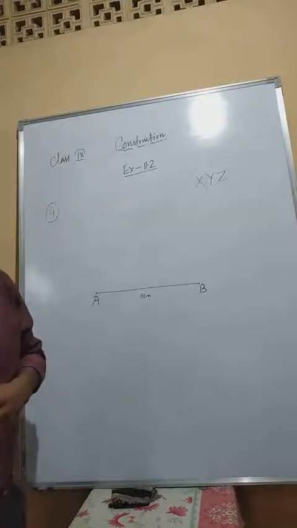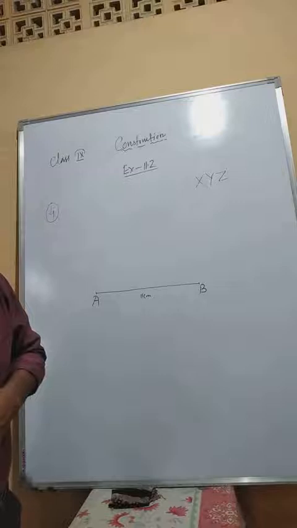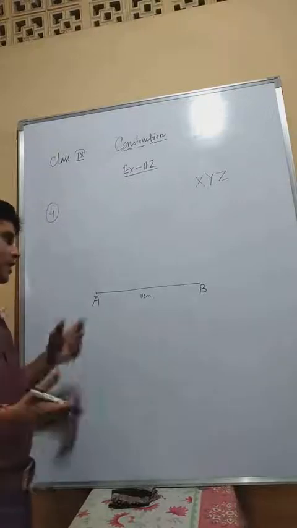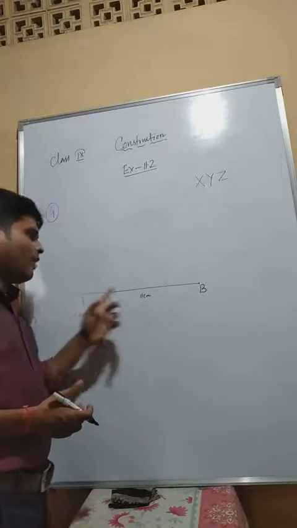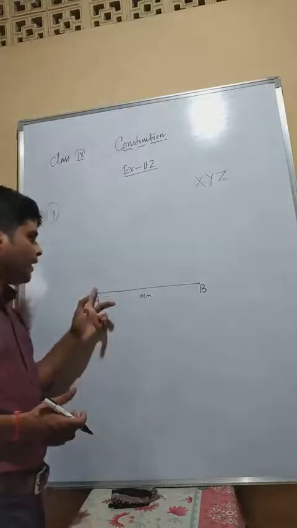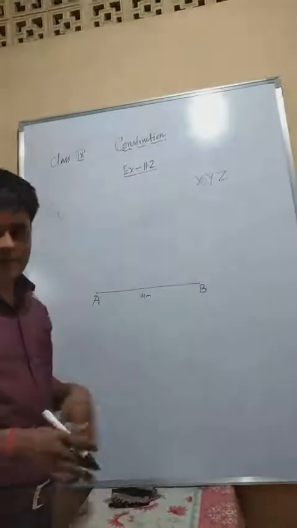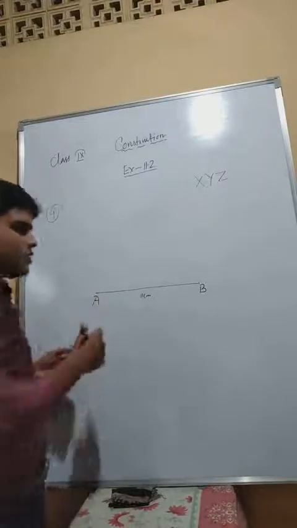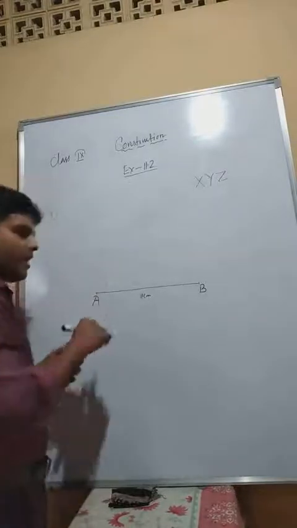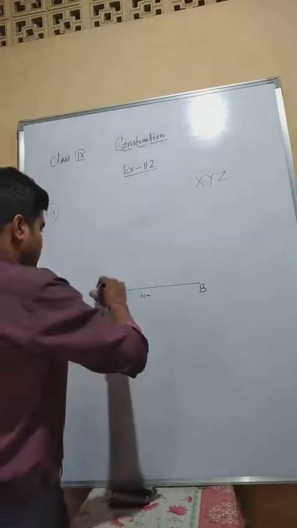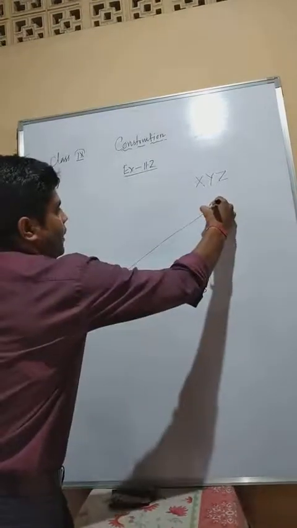Now, what angles are given? At Y is 30 degrees, Z is 90 degrees. Now at A or at B, you can draw 30 here and 90 there, or 90 here and 30 there, no problem. So I am drawing 30 degrees here. The 30 degrees you can draw by protractor or by using a compass. So suppose this one is the 30 degree angle.